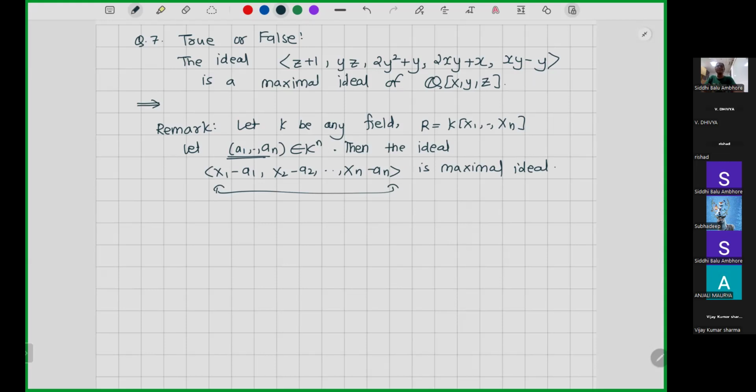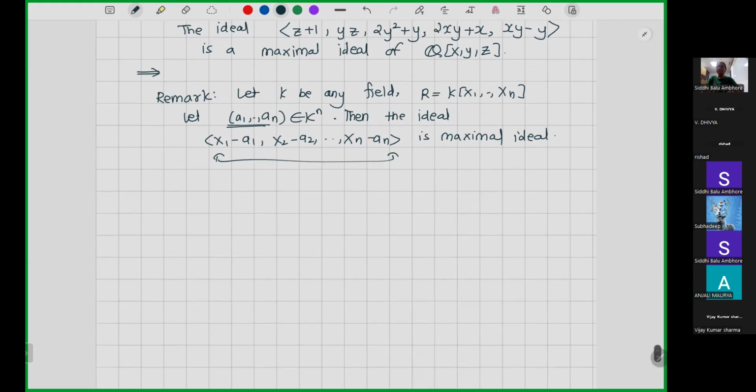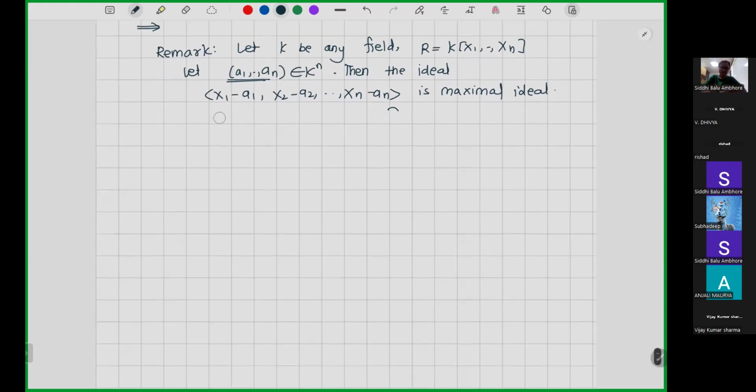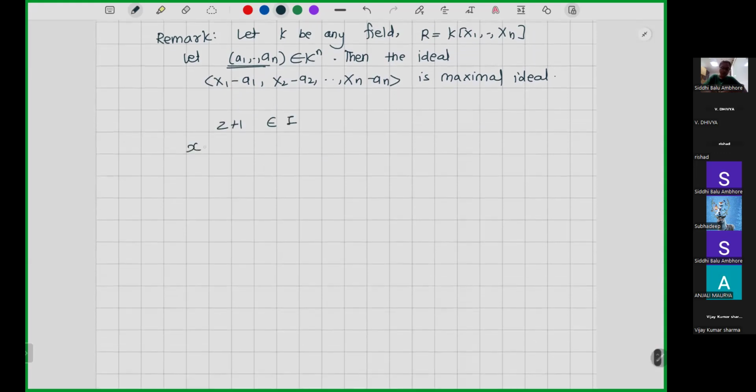So did you do it by hand or using Macaulay 2, to show that it is a minimal generating set? Okay, by hand. Could you please tell me what the generators of x, y, z are? So z plus 1 is there, that's not a problem. Okay, how can we write x?